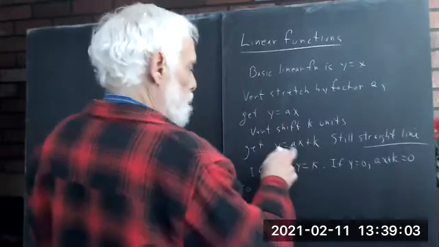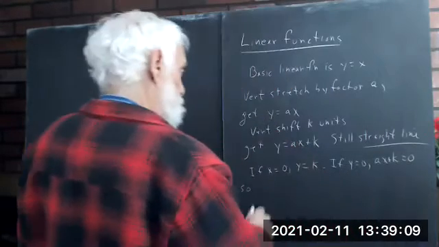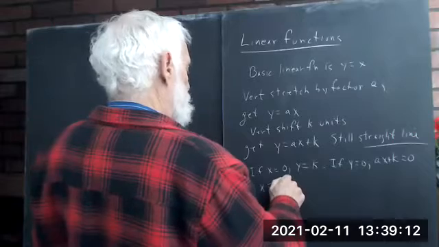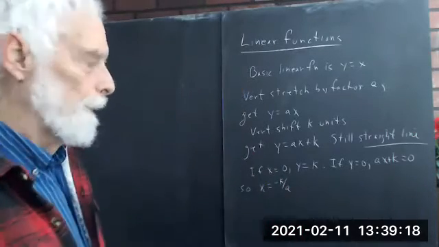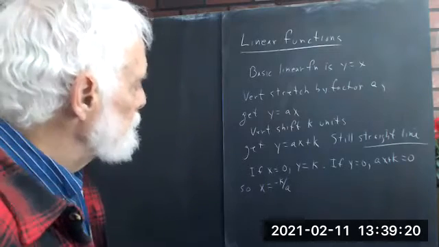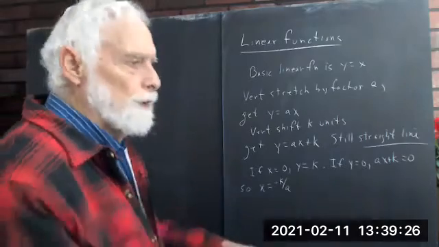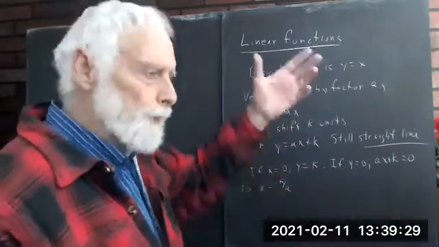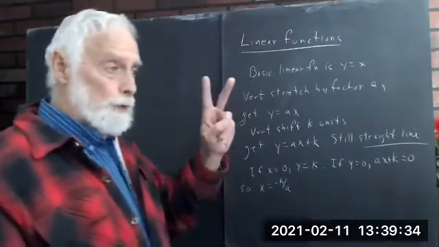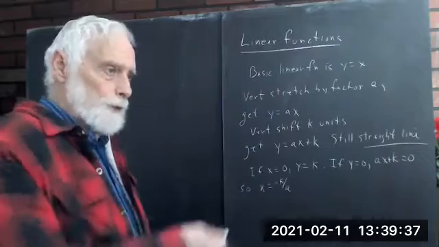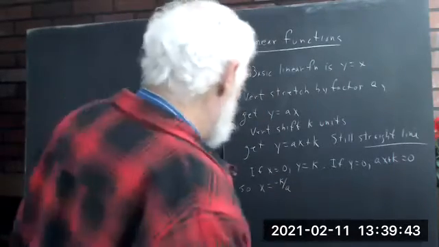If y equals 0, ax plus k equals 0, because of course y equals 0 and y equals ax plus k means ax plus k is going to be 0. So x equals negative k over a. So you don't have to go to all the trouble of shifting and moving points so many times further from the x-axis and everything, although you easily could. All you really need to do that for is 2 points, and then you get 2 points in the graph and you draw the straight line. But we could also use these intercepts.